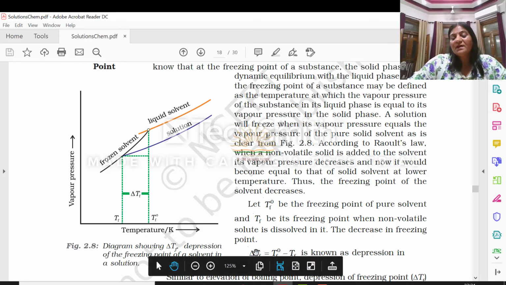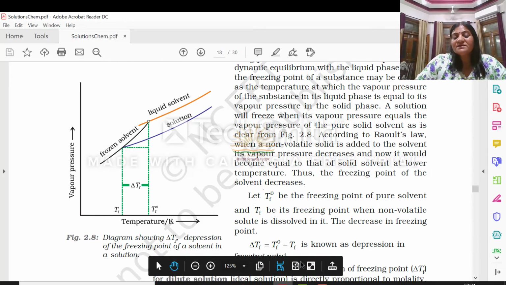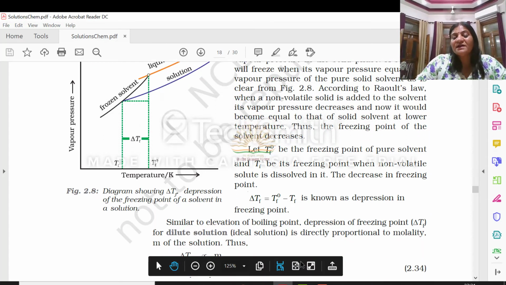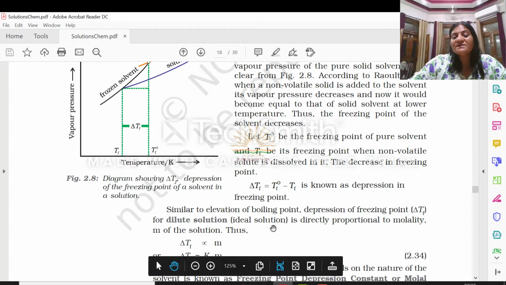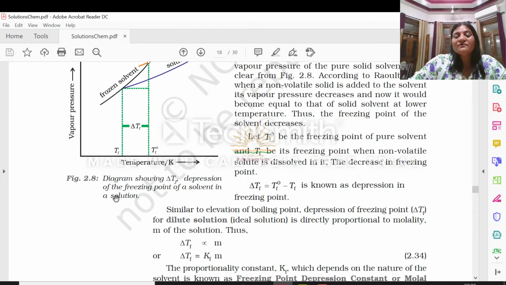Again, delta TF is equal to T naught F minus TF, where T naught F is the freezing point of pure solvent. What is TF? Freezing point of solution containing non-volatile solute.